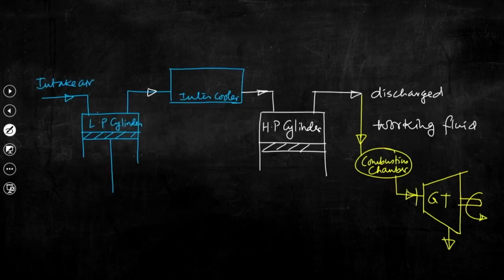Instead, what we are doing here is considering one intercooling unit. We are having two different stages of compression, a low pressure stage and then intercooling and a high pressure stage, finally going to the combustion chamber and the gas turbine.